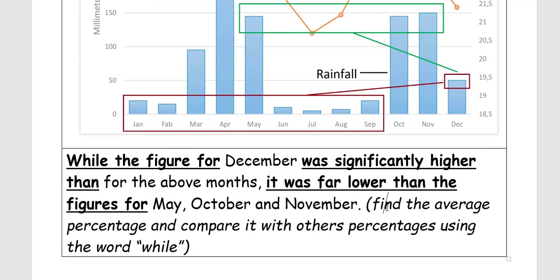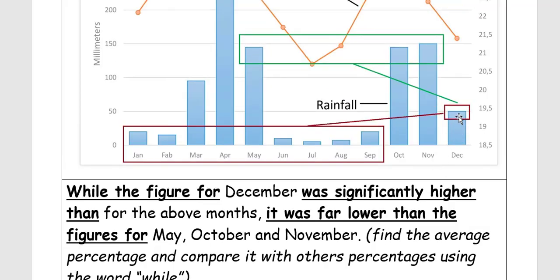So our job is to find the average percentage and compare it with other percentages using the word while. So the idea is you have to focus on one particular month and say that the figure for this particular month was higher than the percentages for the other months that we have analyzed, but significantly lower than the percentages presented, and then you have to focus on the other months that you are describing. So show this difference.